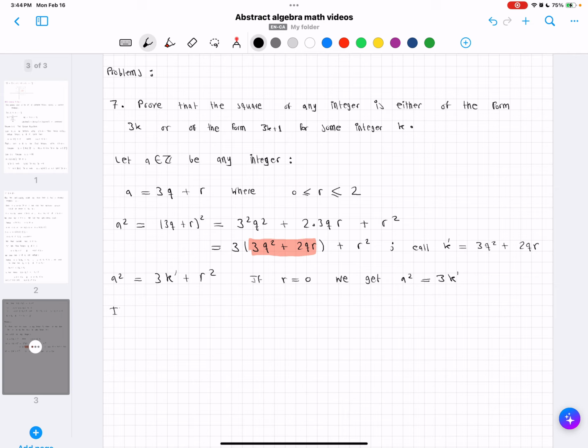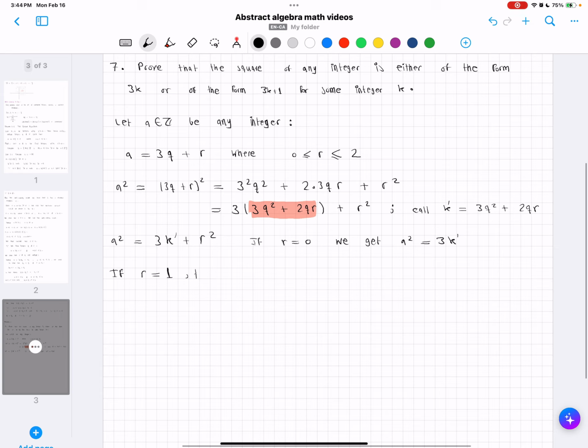If r is equal to 1, then we get a squared is equal to 3 times k prime plus 1.